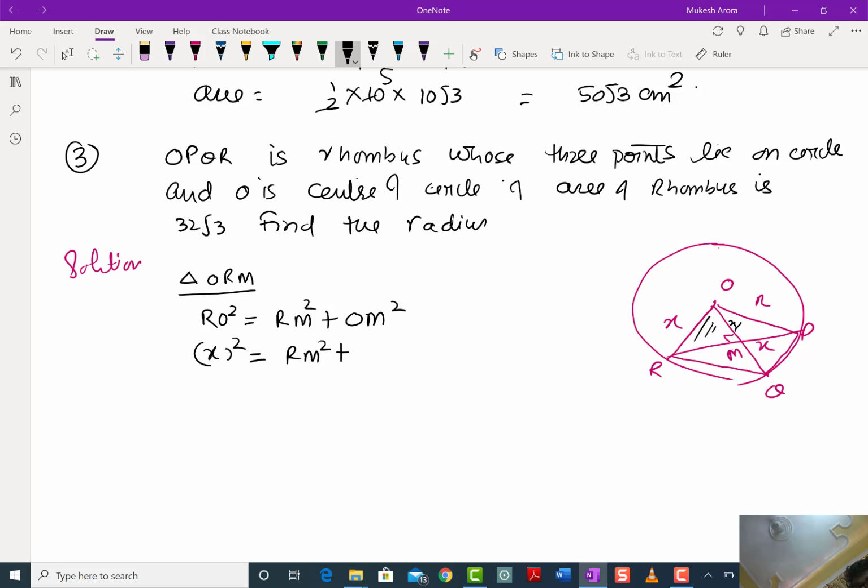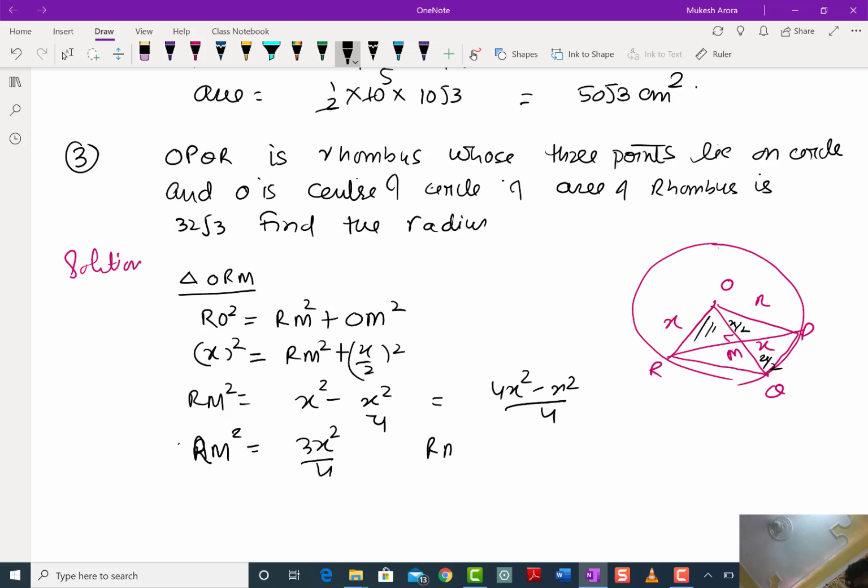OM will be x by 2, whole square. So RM square is equal to x square minus x square by 4, that is 4x square minus x square by 4. RM square will be 3x square by 4, RM will be root 3 by 2 x, and we need RP. RP will be 2 times of RM, so 2 into root 3 by 2 x, so it will be root 3 x.